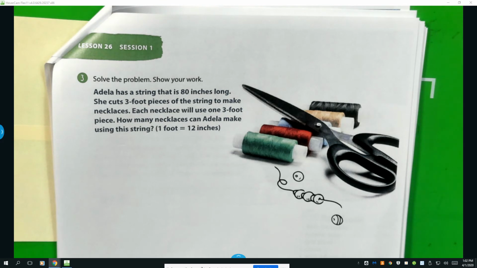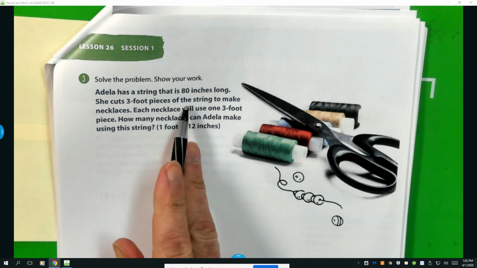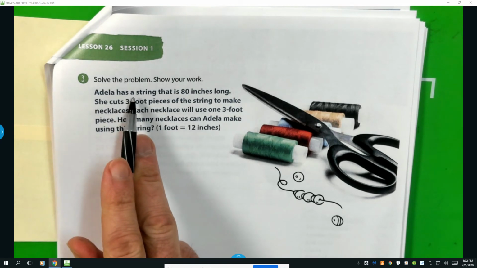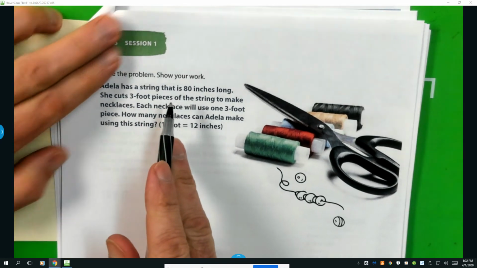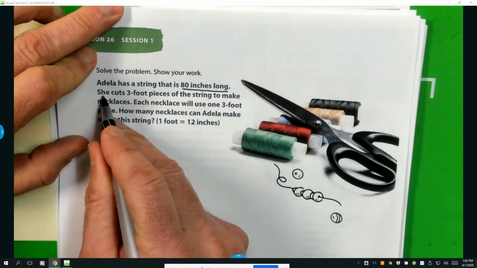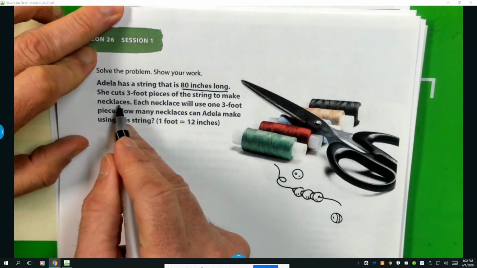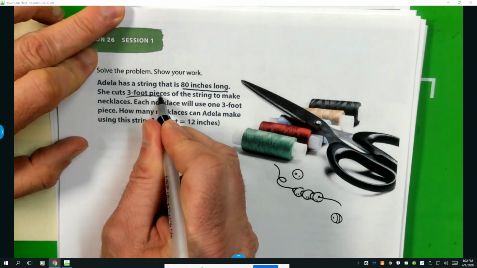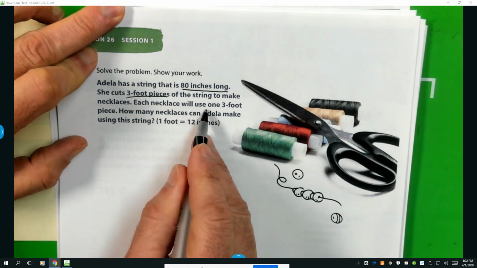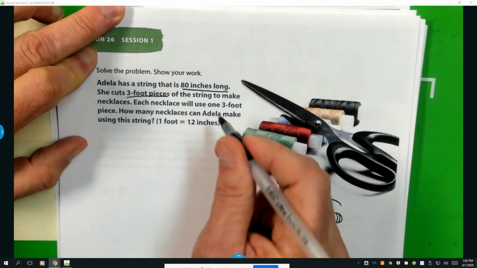Let's figure out just how many 3-foot pieces we can turn this into. So Adela has a string that is 80 inches long. Important information 1. She cuts 3-foot pieces of string to make necklaces. 3 foot. Each necklace will use 1 3-foot piece.